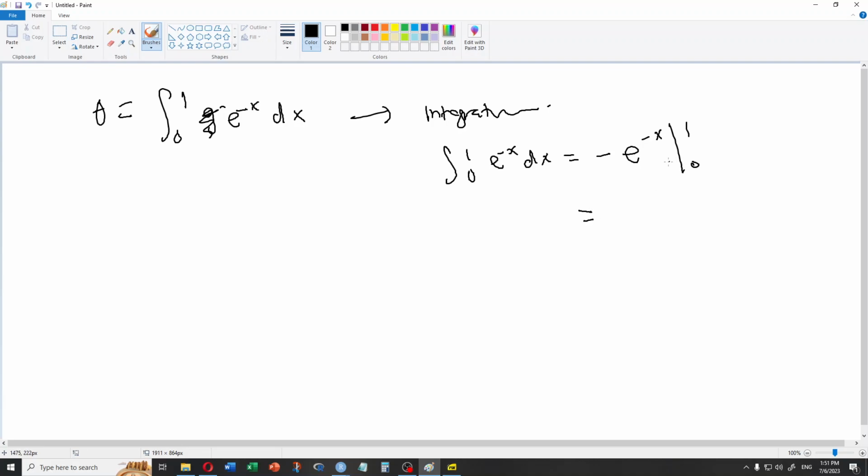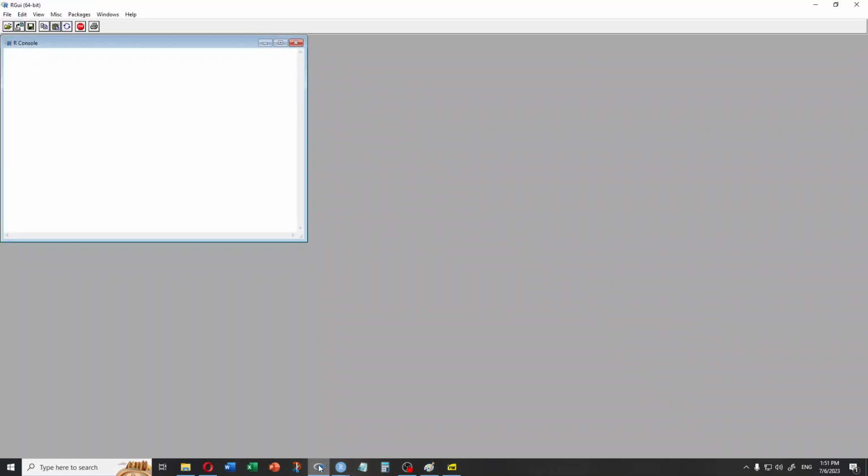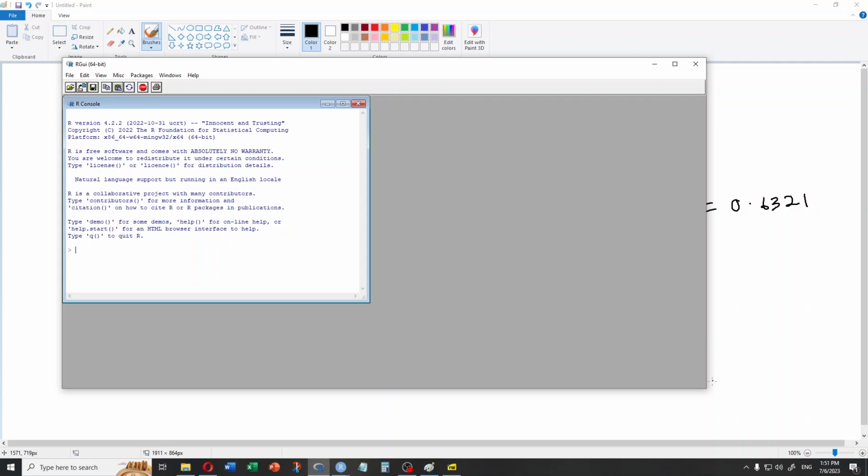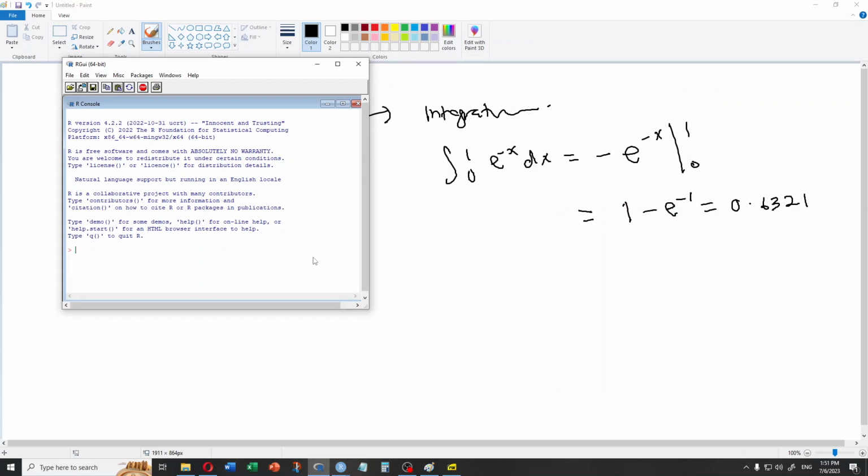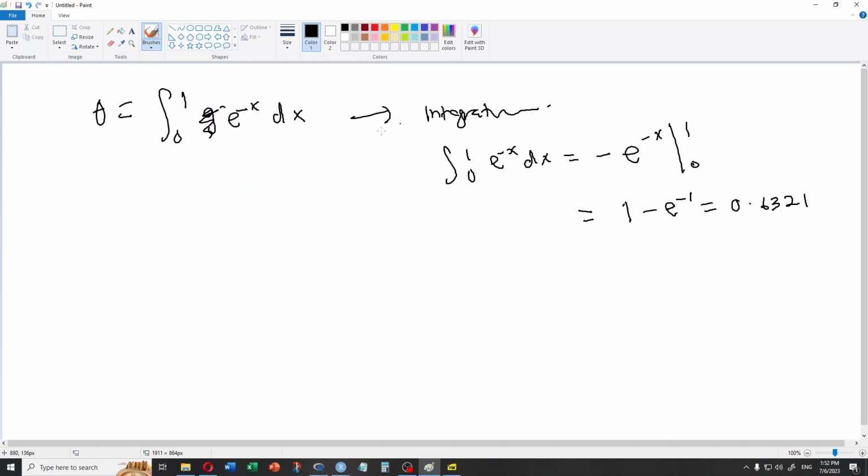If we substitute x equal to 0 and x equal to 1, we have 1 minus e to the negative 1, which with a calculator gives 0.6321. You can also use R to get this number: 1 minus the exponent of negative 1 is 0.6321. This is when we evaluate using integration directly.